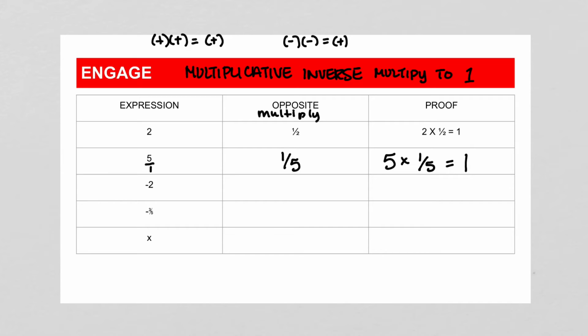So I'm going to say, instead of just taking half of 2, I'm going to have to take negative half of 2. And let's see if that works. So negative 2 times a negative 1/2. Well, half of 2 is still 1, and a negative times a negative makes it a positive, so that indeed does work.